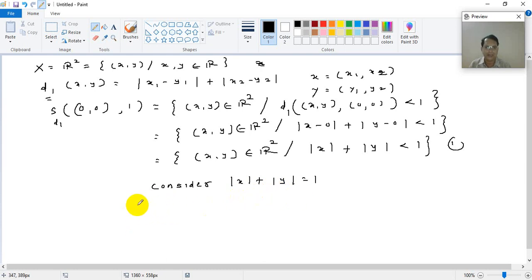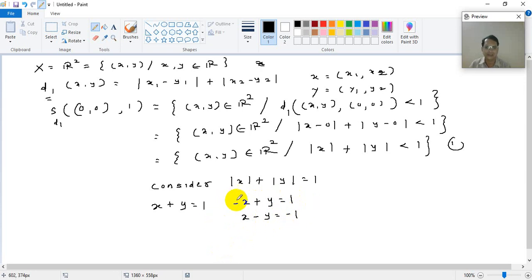One of them will be: whenever mod x is equal to x and mod y is equal to y, you get x plus y equal to 1. When mod x is equal to minus x and mod y is equal to y, you get minus x plus y is equal to 1. That means x minus y is equal to minus 1. Right?